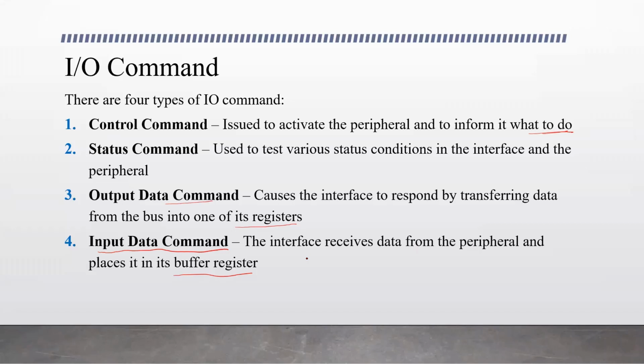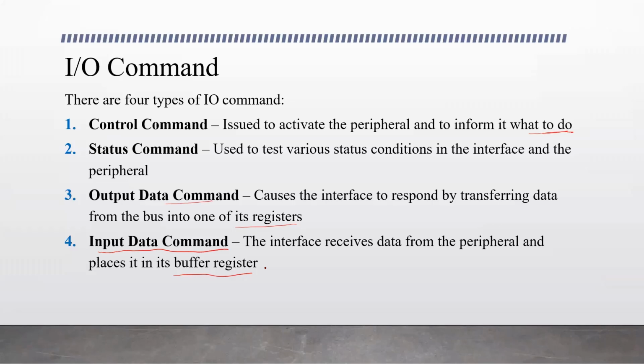It has to be converted into the format needed by the internal devices. So when the command is input data command, the interface transfers the data from the peripheral to its buffer register, and after converting the data into the required format, it will place the data onto the bus for the internal components to receive.